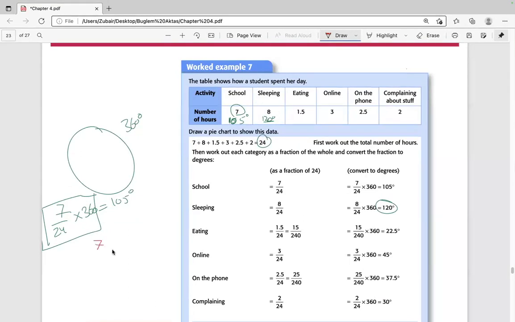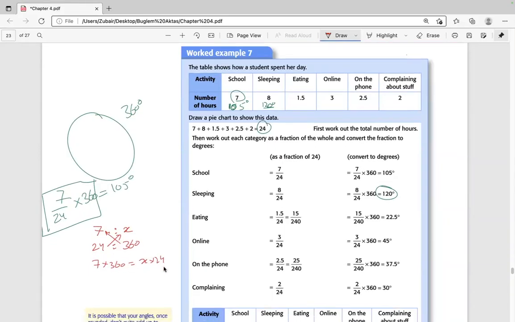They say that 7 people would represent x degrees, if 24 people are representing 360. 24 is the total, 360 is the total, so 7 would represent x. And when we cross multiply, we exactly get this back. That is 7 into 360, on the other side x into 24, then making x the subject, 24 comes back. So 7 by 24 times 360.